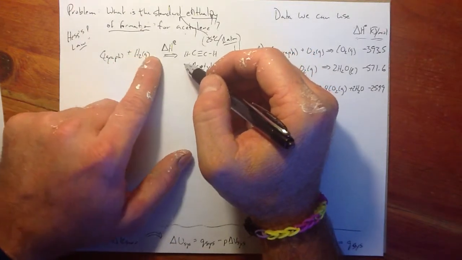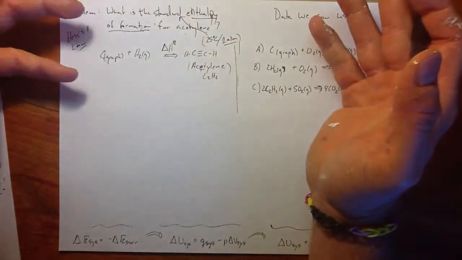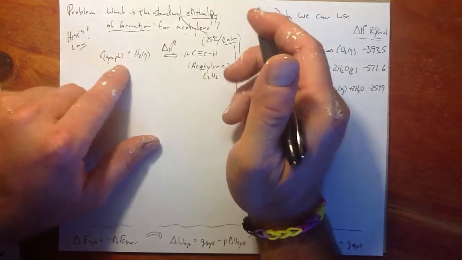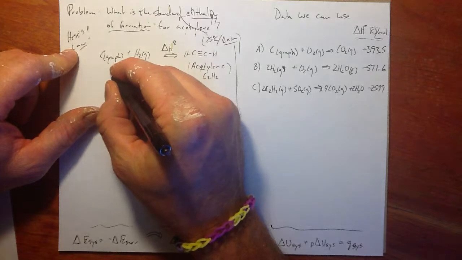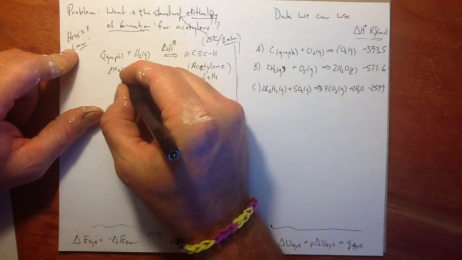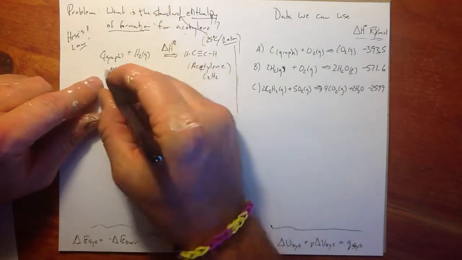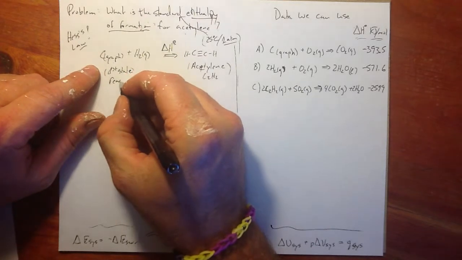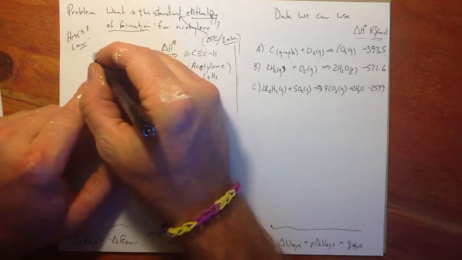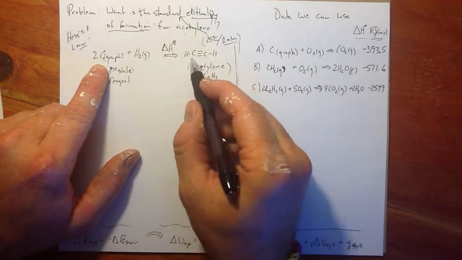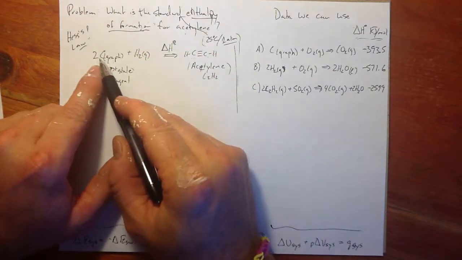How much heat would be given off or how much heat would be taken in by the system, by the reagents going to products? So just kind of talking a little bit in terms of thermodynamics, we have first state reagents. I need 2 carbon moles because that's 2 carbons over here in acetylene, so I balance that.